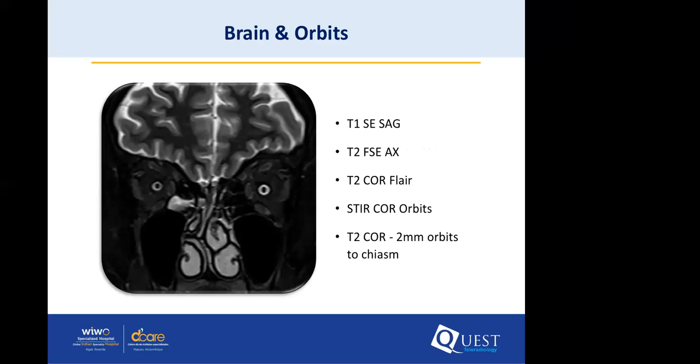So when you're trying to combine brain and orbits, people have asked me, how do I do sequences for both together? Orbital sequences, when you're combining two things, I would just get a coronal STIR. A fat suppressed STIR basically shows the optic nerve and the CSF around the optic nerve.